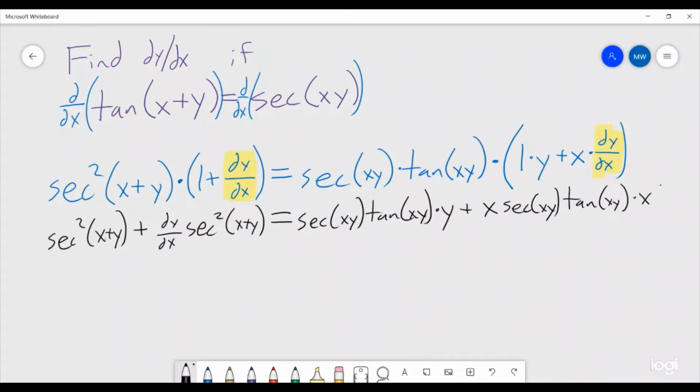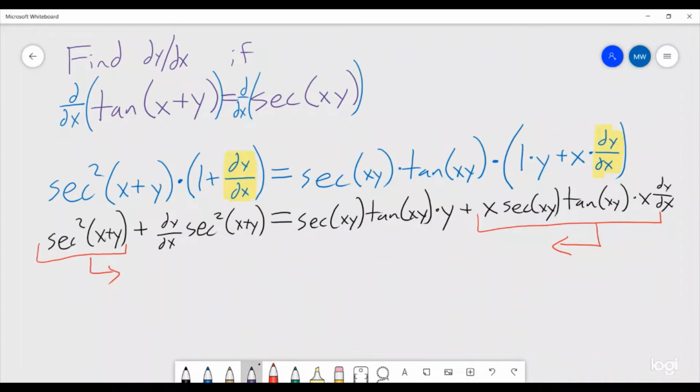times x dy dx. So we've now multiplied everything out, and now we are going to want to get everything that has a dy dx to one side. So let's take this piece and move it to that side, and we will take this piece and move it to that side.